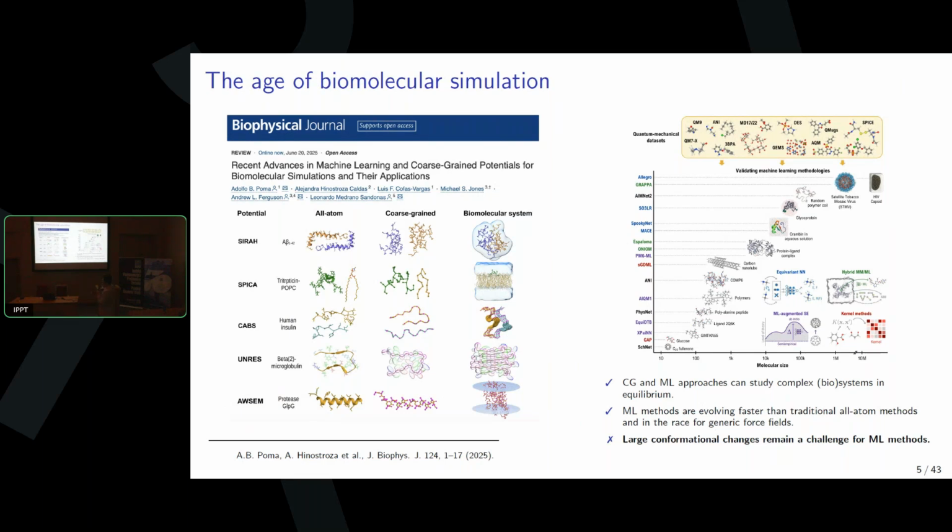If you parameterize that in machine learning, you can gain information about these binding energies better than in all atom simulations. So we are still at the level of classical models.